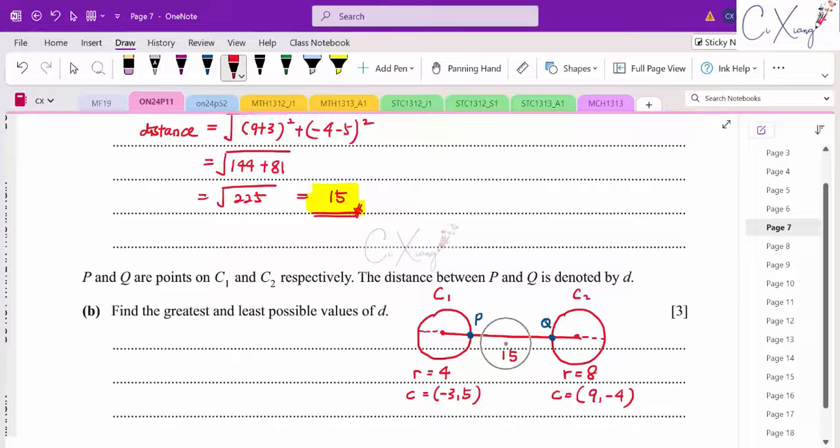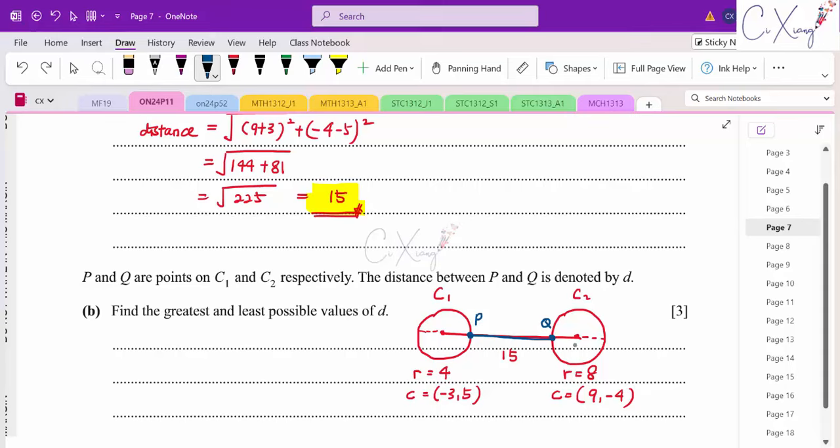So how can I get the shortest distance if I label it in blue color like this? To get the shortest distance, you take 15, the distance between the two centers, minus the radius of circle number 1, and also minus the radius of circle number 2.